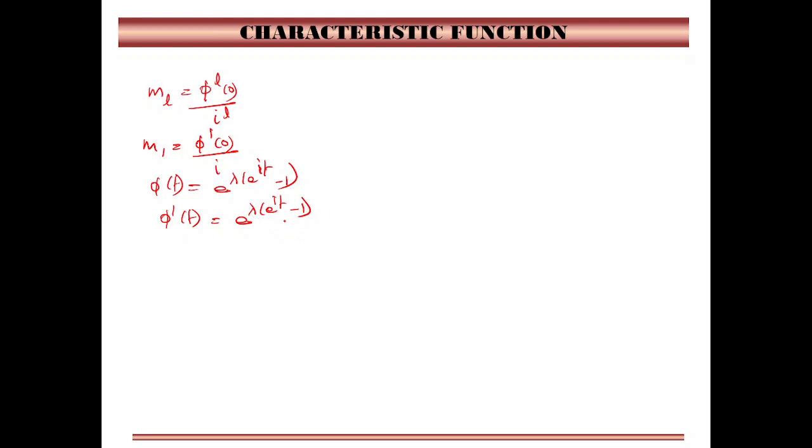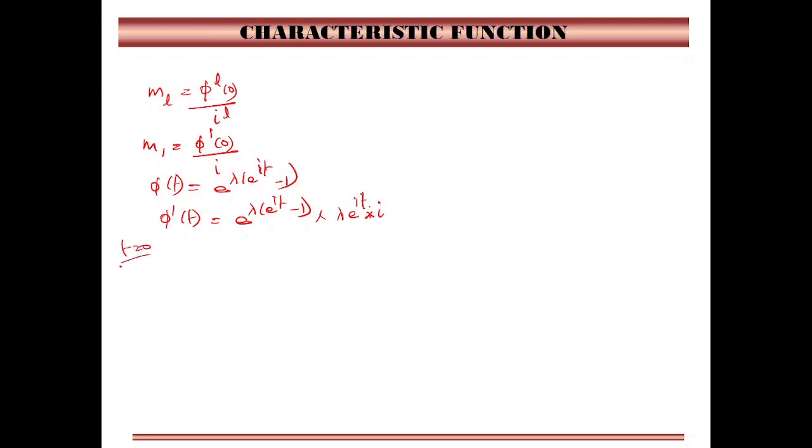After that, if there is any function instead of x, we have to differentiate it again. So lambda into e power it minus 1 can be differentiated here, and we write the answer: lambda into e power it into I.